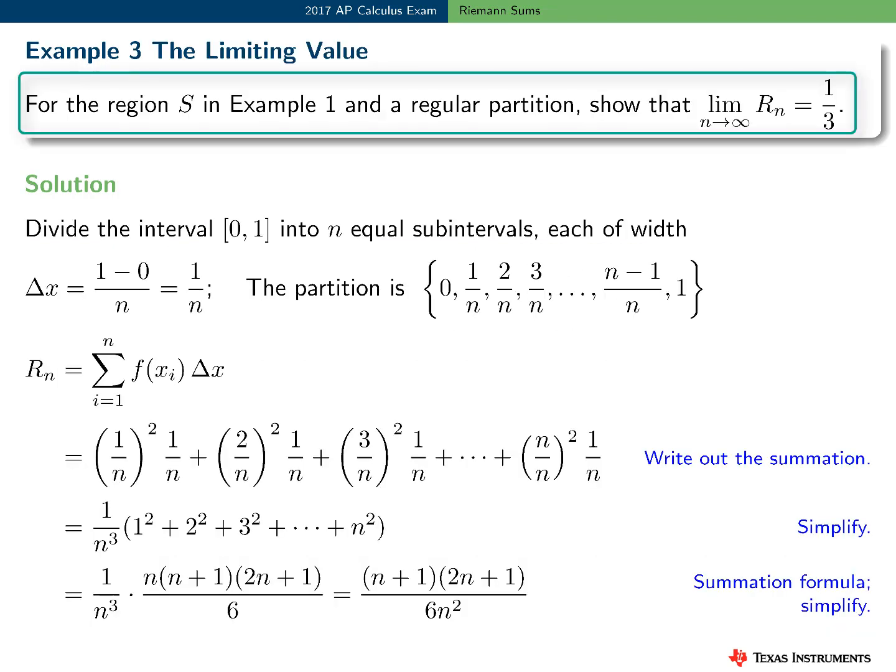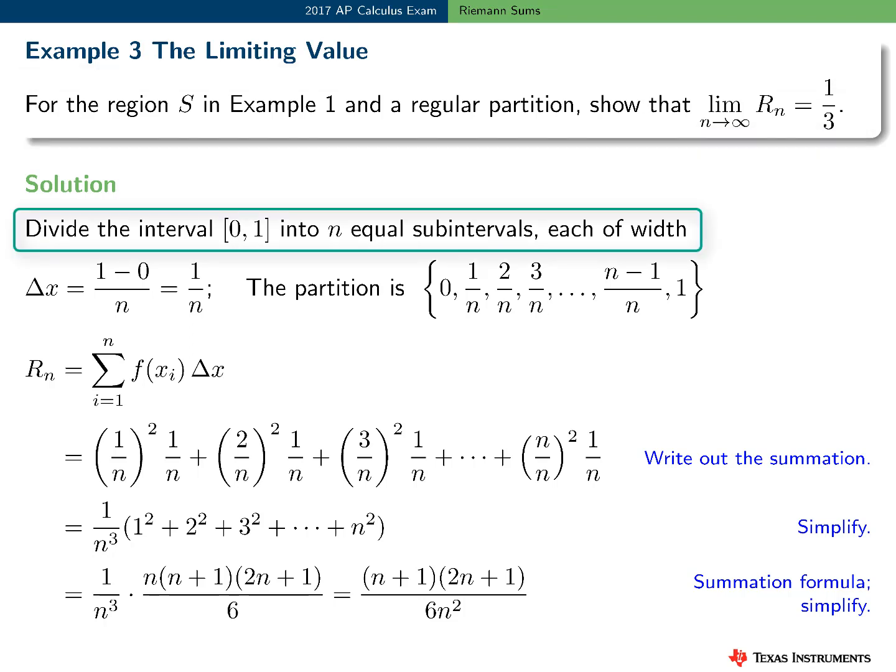All of these sums in the previous slide are just approximations. It certainly looks like the limiting value is 1/3, but it would be really nice if we could confirm this is true analytically. So let's try to show that the limit, as n goes to infinity, of R sub n, the right Riemann sum, is 1/3.